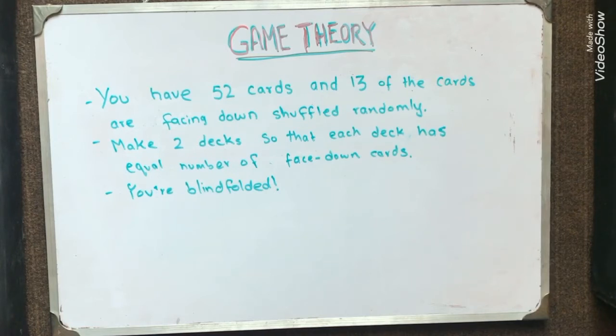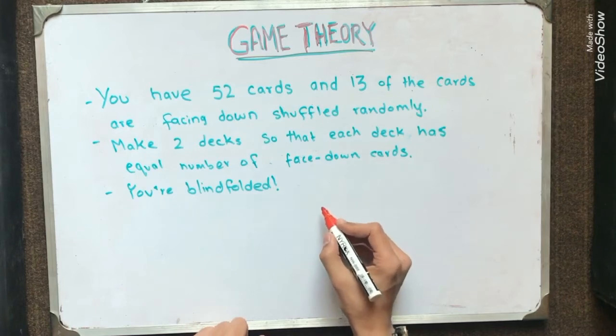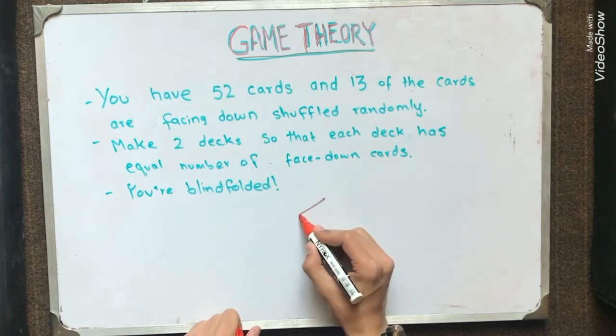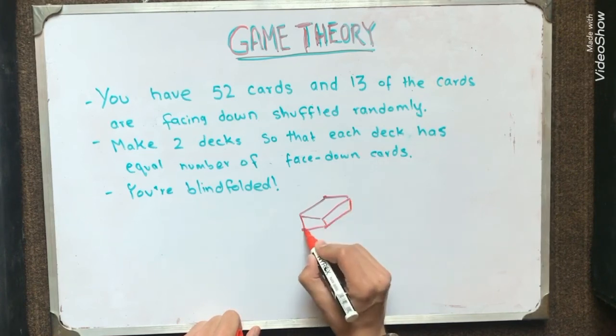When you're done, you can come back to see the solution. Okay, I assume you had a take at it. First of all, let me tell you the solution straight away, and then I will explain how to come to the solution using calculations or mathematics or whatever approach you want to take. So what you need to do is take a deck of 52 cards.